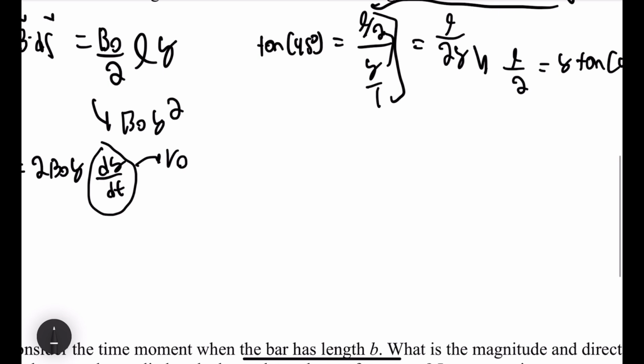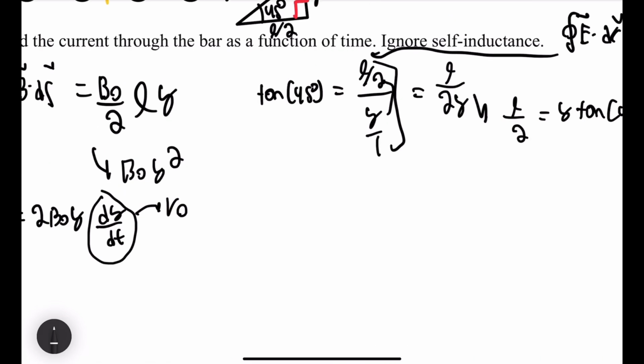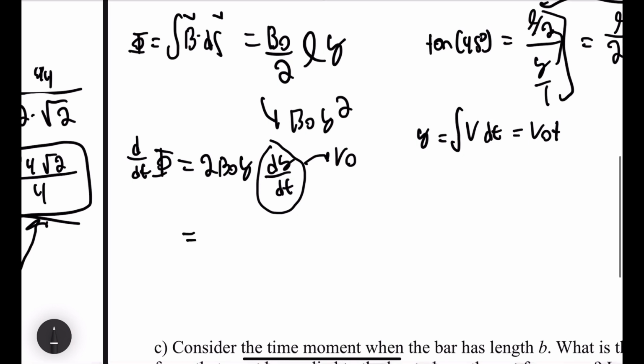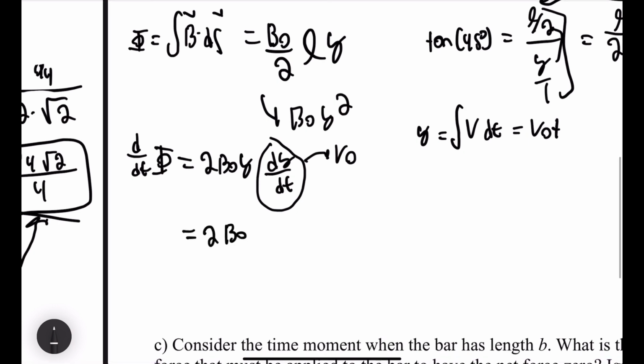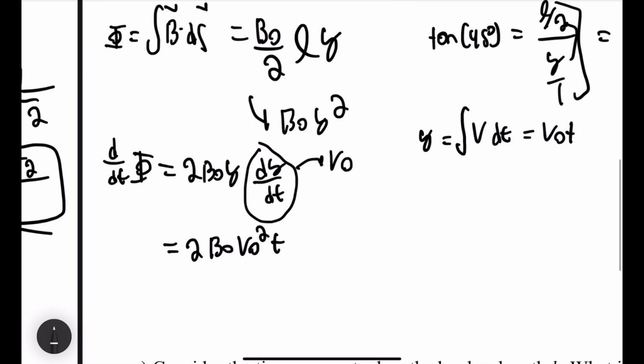But we can't just leave y as it is. We know the velocity, and we know that y, which in this case is the position, is the integral of v dt. So this is simply v naught t. So the time derivative is going to be 2 B naught v naught squared t. Right? So the time derivative.